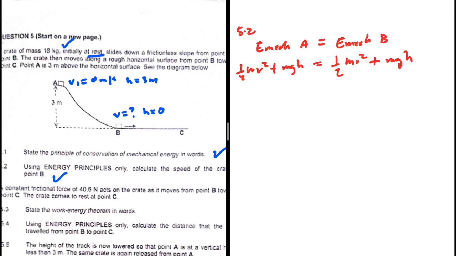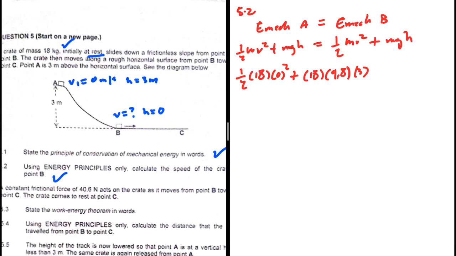So what is the kinetic energy at point A? We have a half, the mass is 18 kg, but the velocity is 0 because it is coming from rest, plus the potential energy. Mass is still 18, gravitational acceleration 9.8, and the height is 3.